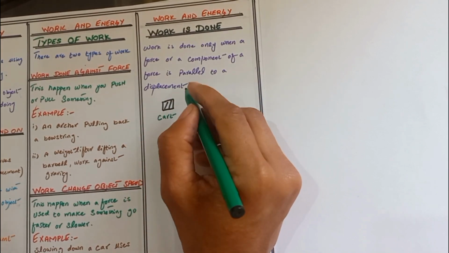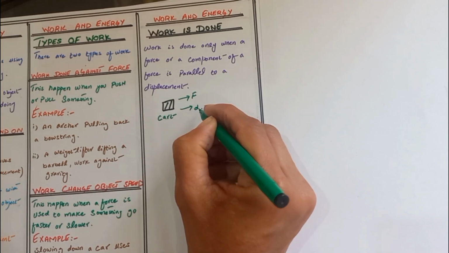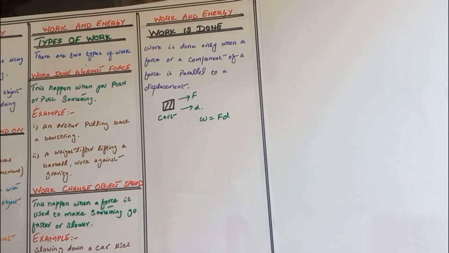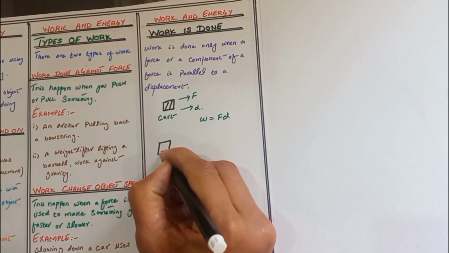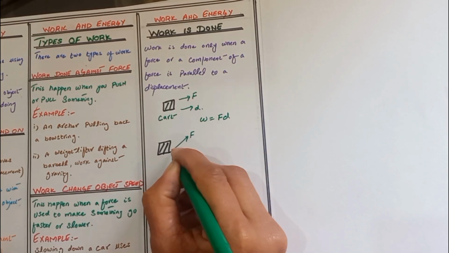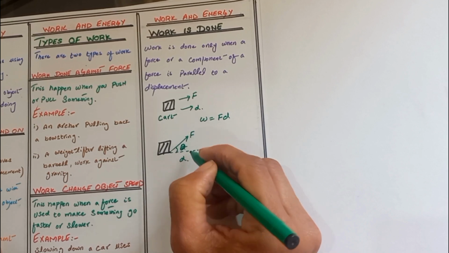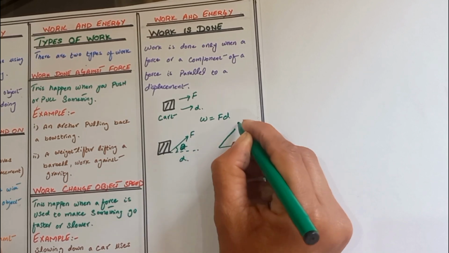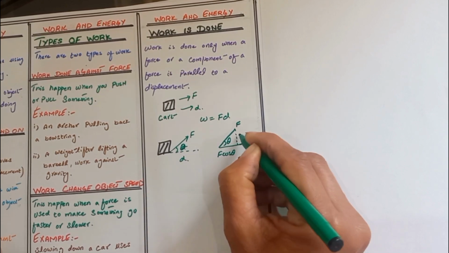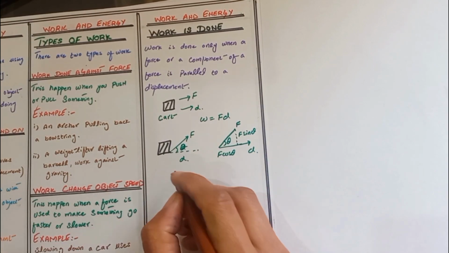When we push the cart with a force F and it moves with displacement d, the force and displacement are in the same direction, so work done is equal to F d. Now if we apply the force at an angle theta with the horizontal, then it moves with displacement d. We resolve F into two components, horizontal component F cos theta and vertical component F sin theta.